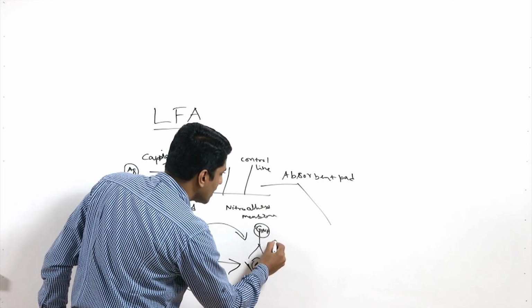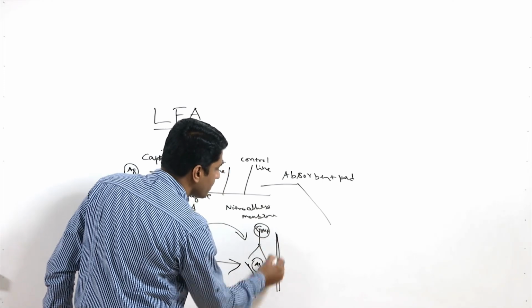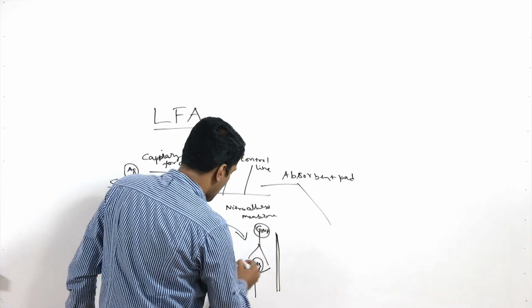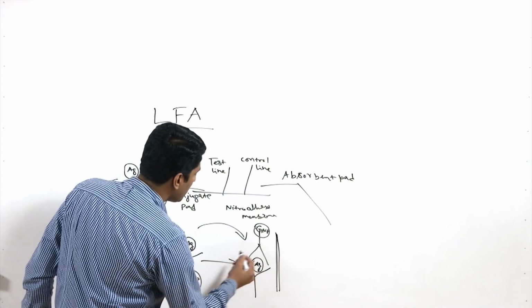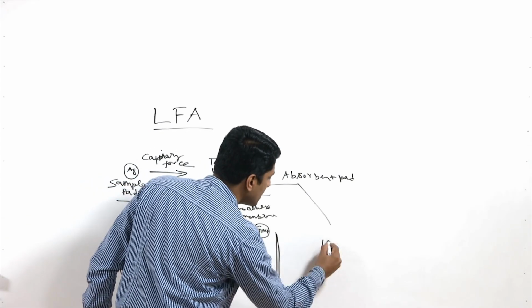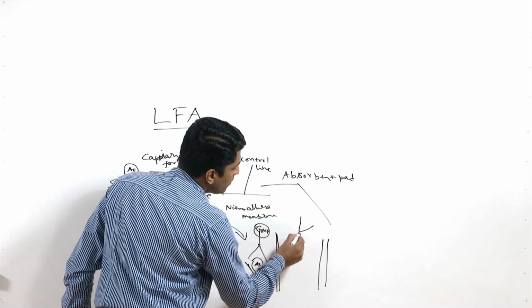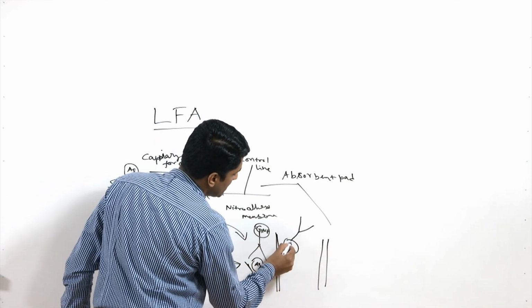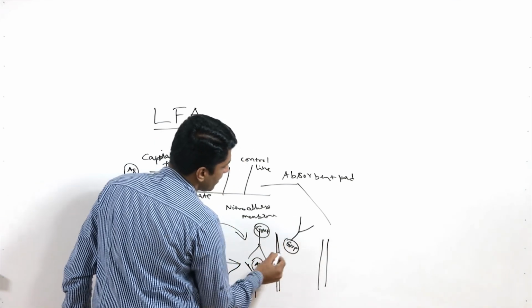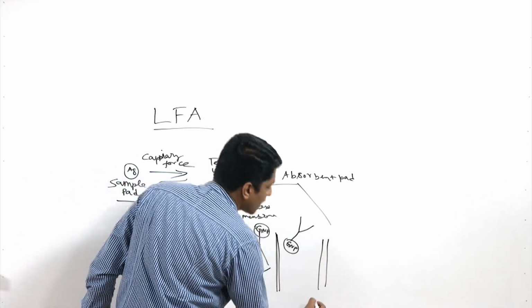Here you will get a color line, and the unbound antibody will move to the next line, that is your control line. This unbound free conjugate antibody, which has the gold nanoparticles, will move to the control line.